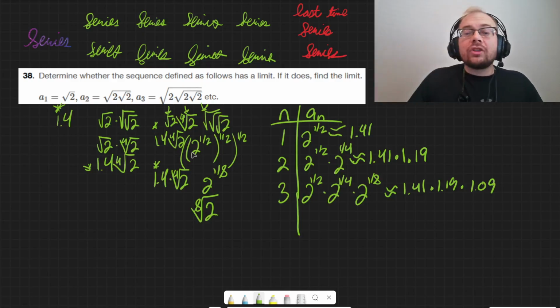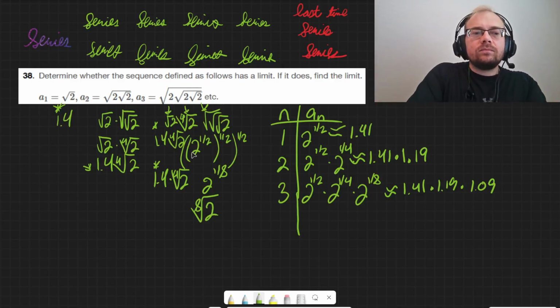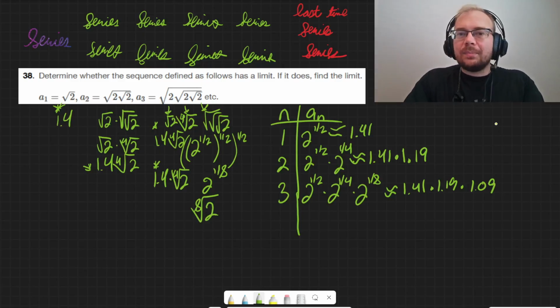We want to try to figure out a way to write these explicitly. This would be 2 to the 1/2 power. 1/2 plus 1/4 is going to be 2/4 plus 1/4 is 3/4.